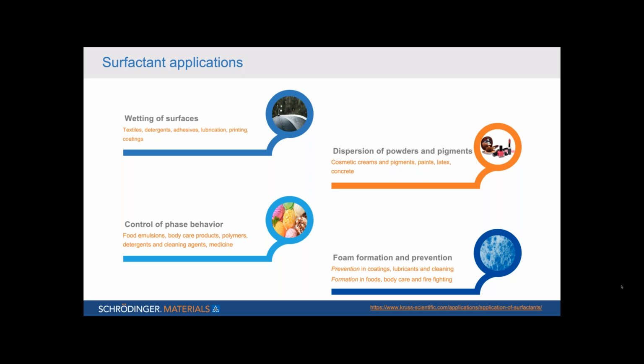And so this represents one chemical space, one set of tools, right? So surfactants cover a large range of application areas. And sometimes they're doing one thing, and foam prevention's a really good example. Some different types of surfactants are going to prevent foams. Some are going to promote foam formation.